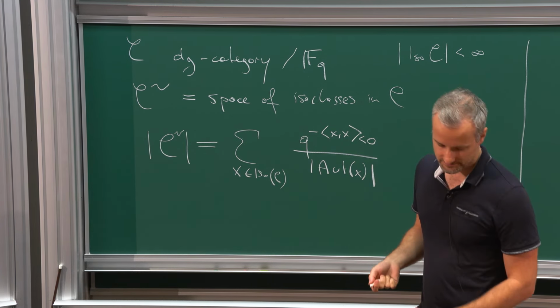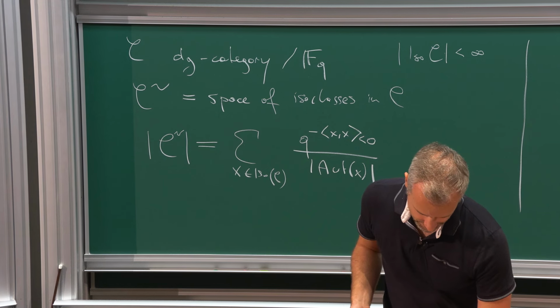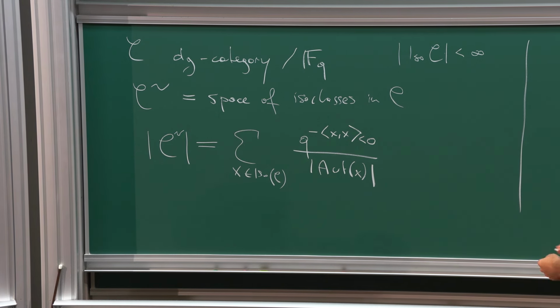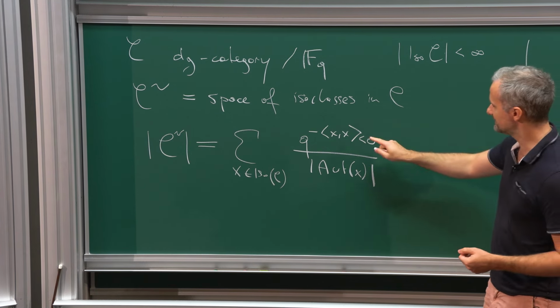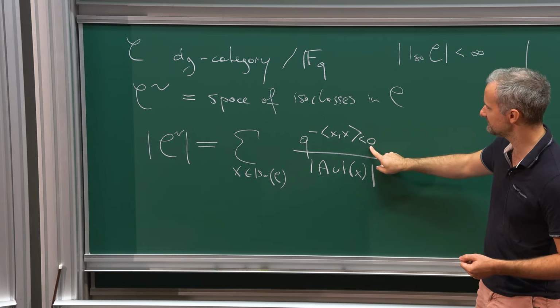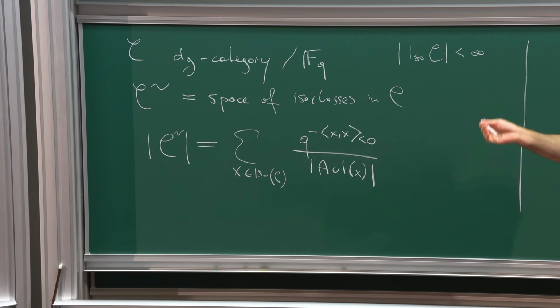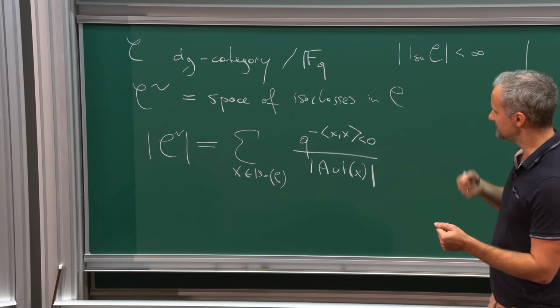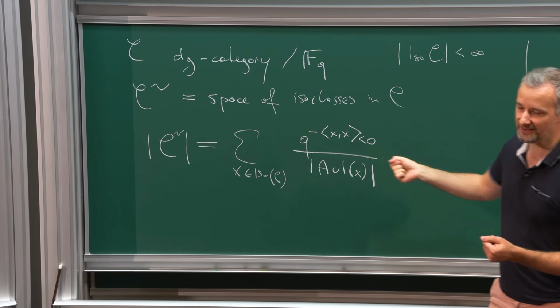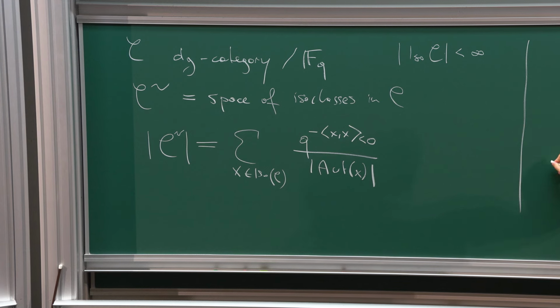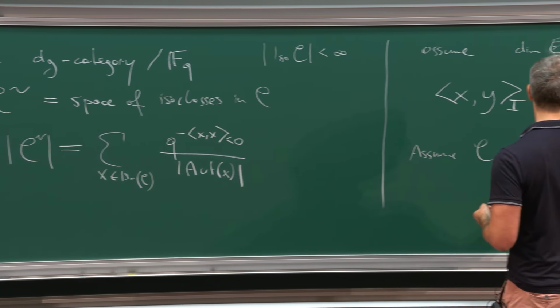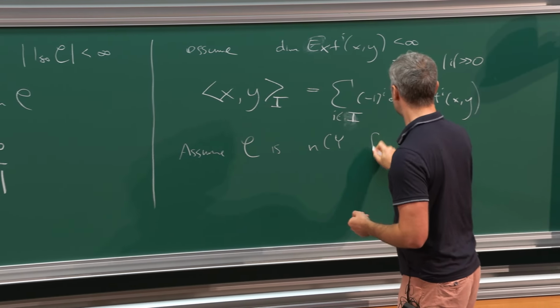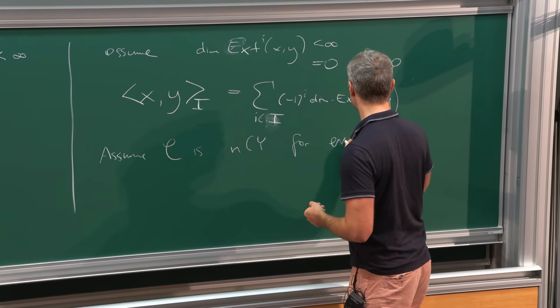But now the point is, you can notice that instead of requiring all this finiteness, if you assume that the category is Calabi-Yau, then the sum over negative dimensions of negative Ext groups will be more or less the sum of dimensions of the positive Ext groups. So if you impose more symmetry, then you find that you can actually get away with less finiteness. So assume C is n-Calabi-Yau for even n.